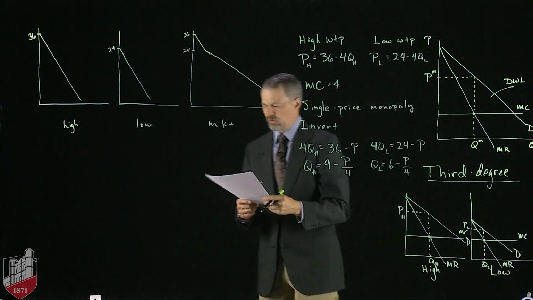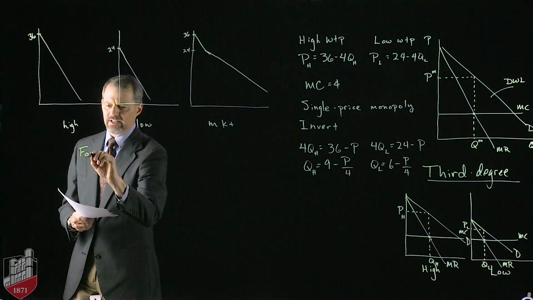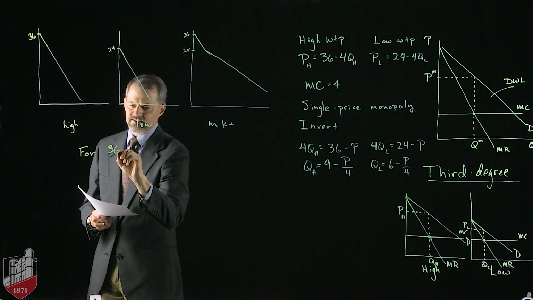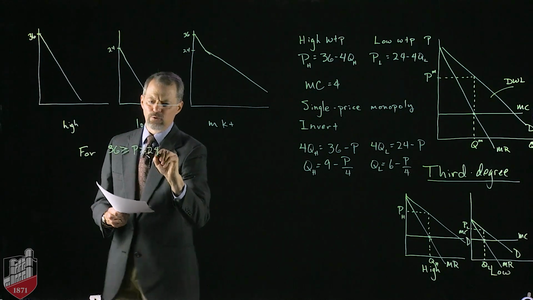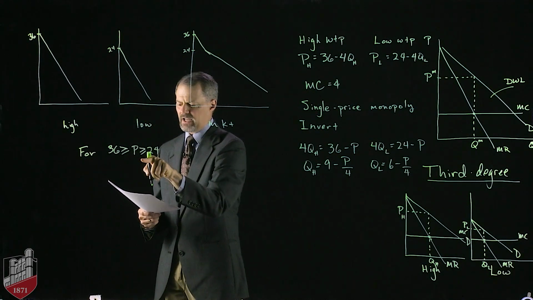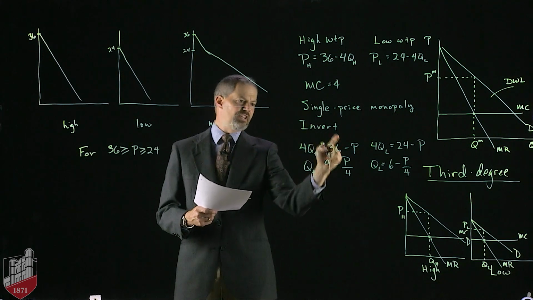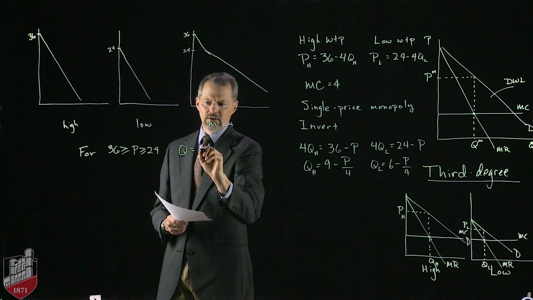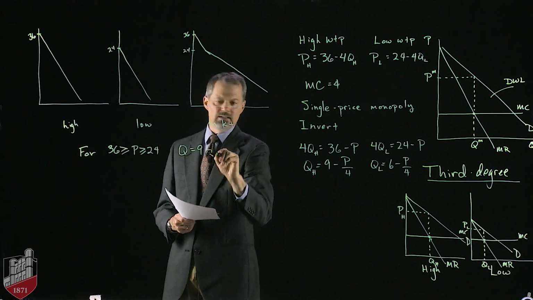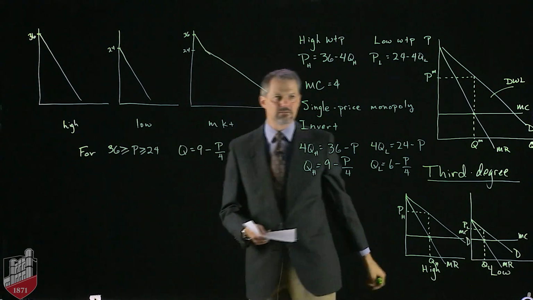So we know that for any price between 36 and 24, if price falls in that range, then our demand curve is just this one, right? It's just Q equals 9 minus P over 4. That's this part of the demand curve, okay?